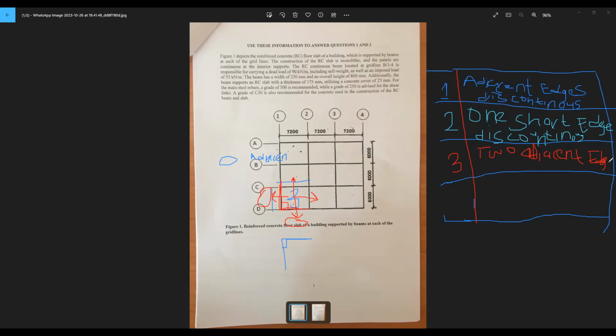So let's move on to the next panel. The next panel we are going to consider, I think it will be 2, 3 AB.